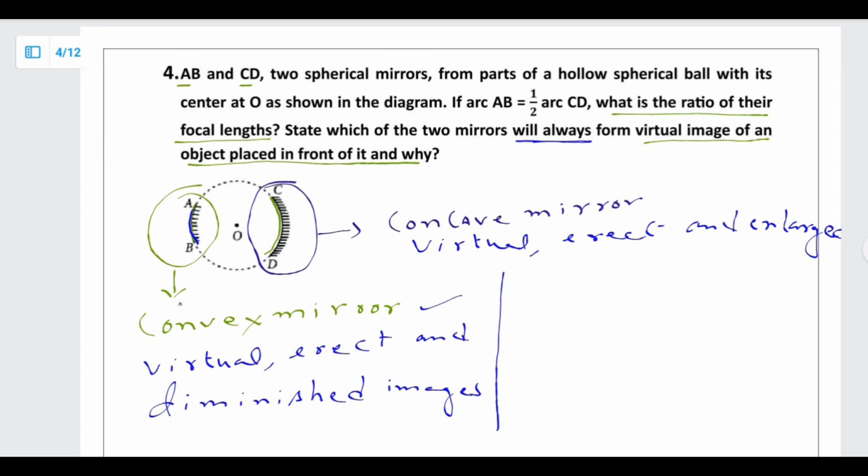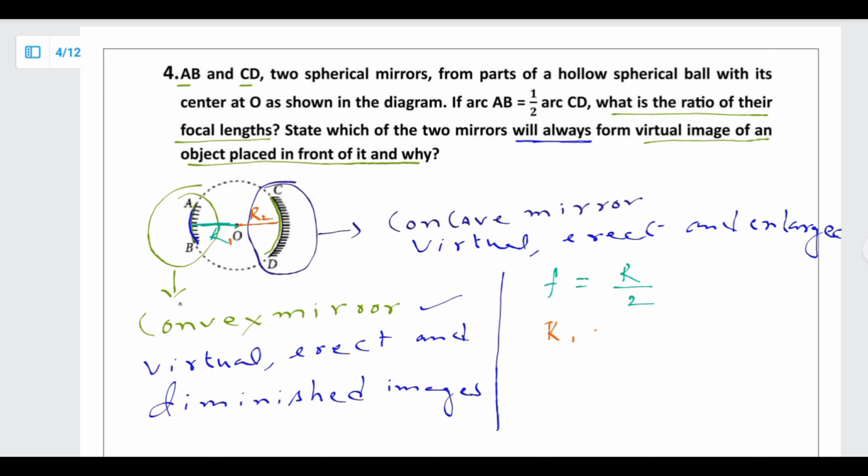Now, what is the focal length? How do you define the focal length? Focal length f equals half of the radius of curvature. So O is the center. Now this is R1 and this is R2. The radii of curvature of both mirrors are equal.